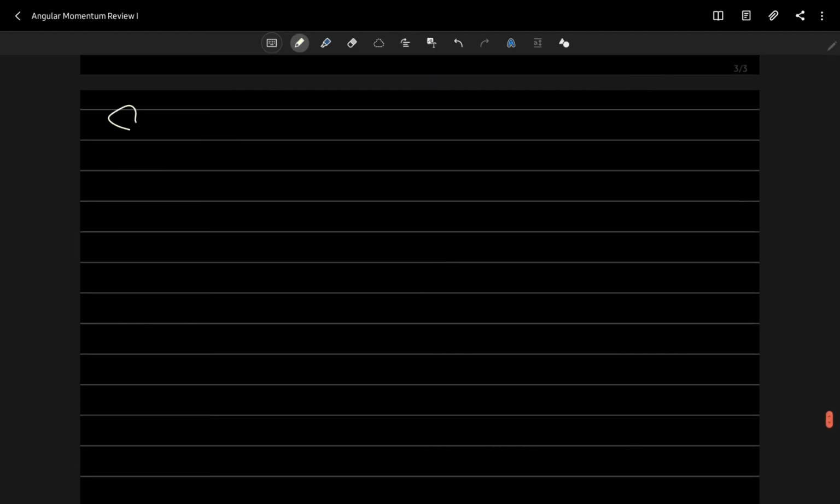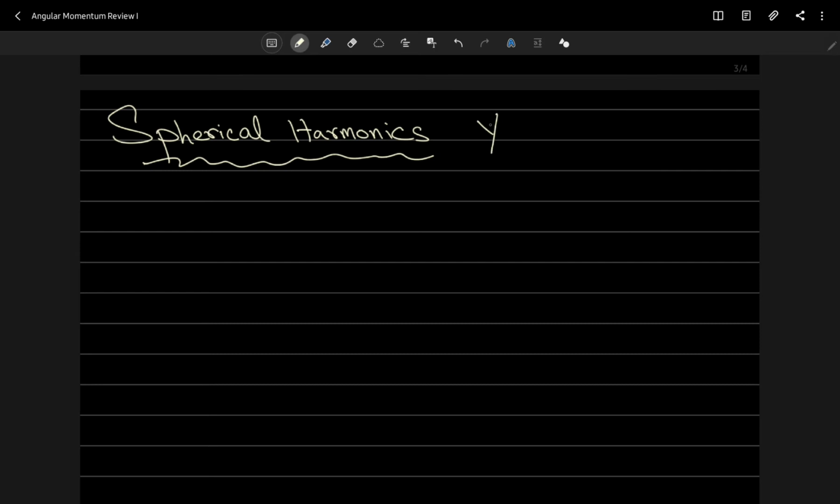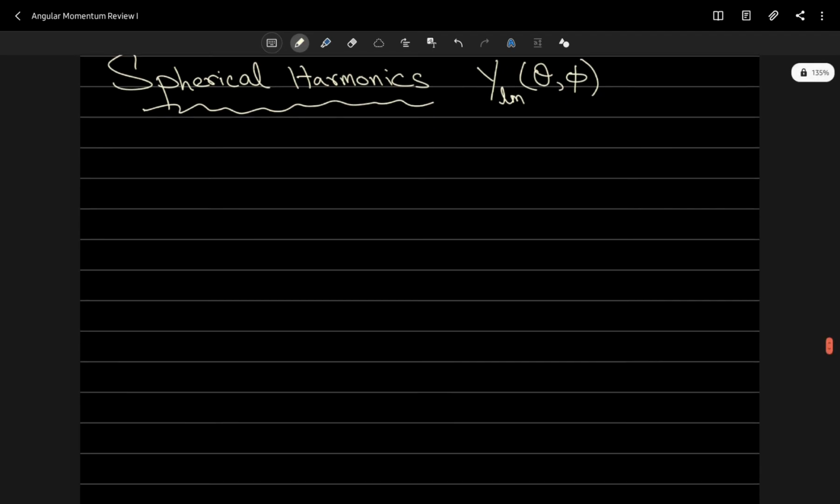Let me say this again: the simultaneous eigenfunctions of L squared and Lz are called spherical harmonics, and they are represented by Y_Lm(theta, phi). In fact, these spherical harmonics also satisfy some eigenvalue equations, so let me write those down.